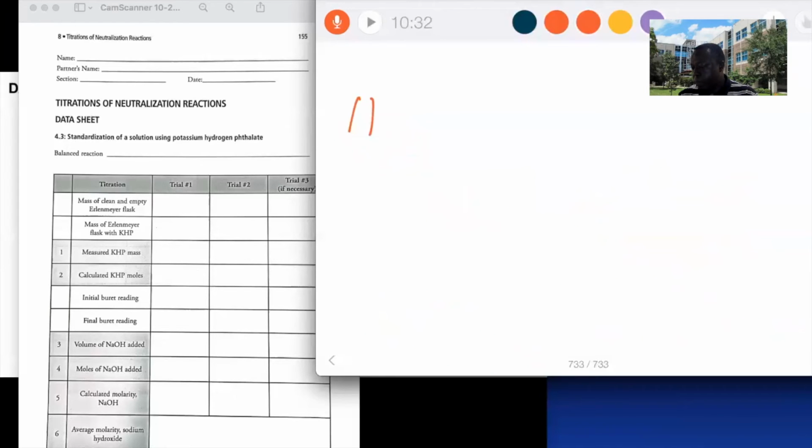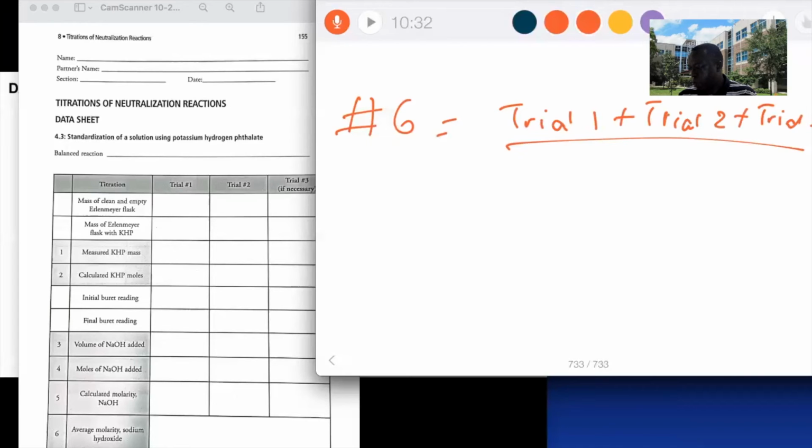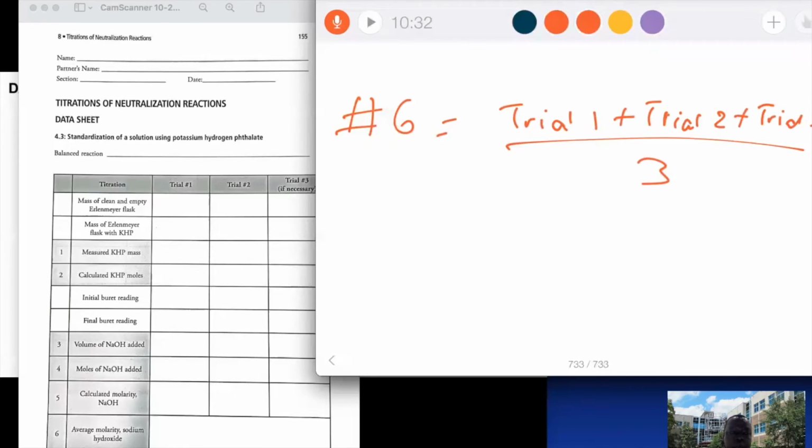Number 6 is trial 1 plus trial 2 plus trial 3 over 3 to find the average for the 3 trials.